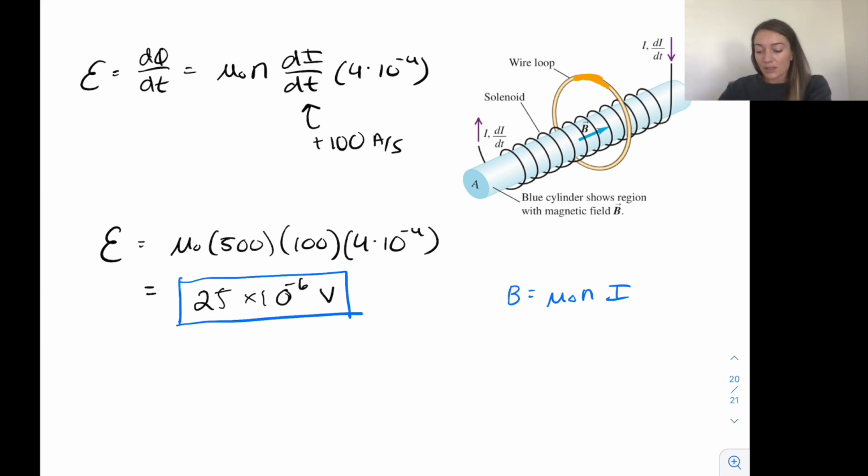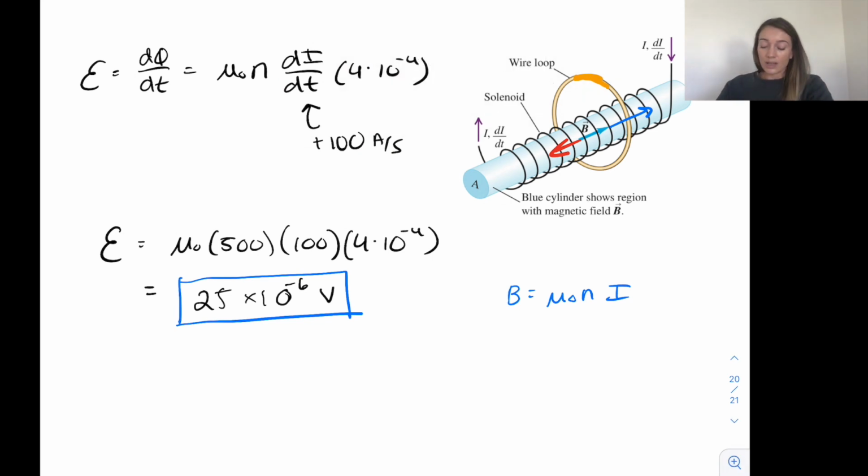So B is increasing in this direction. That means that my wire is going to want to induce a magnetic field in the opposite direction. It wants to try to keep the flux through it the same. So it's going to want to induce an opposing magnetic field, to the left.